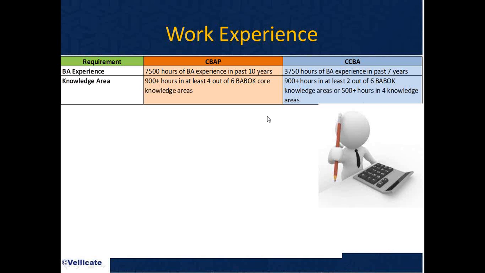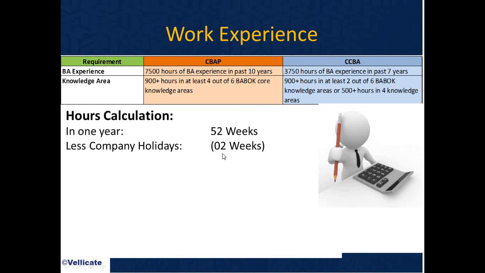So let us understand how these number of hours are calculated and how they need to be reported. First of all, calculation, right? In 1 year, you have 52 weeks. And in India, for example, we have 2 weeks of company holidays every year. These are our festival holidays, the 10 days of festival holidays that all organizations have.